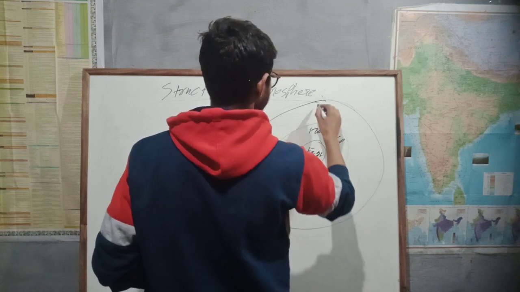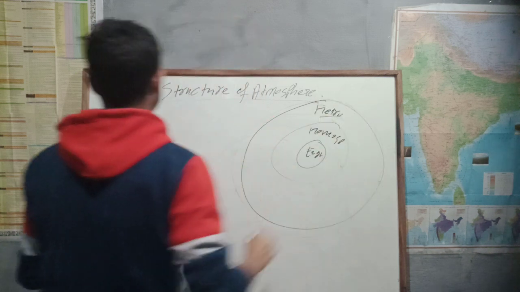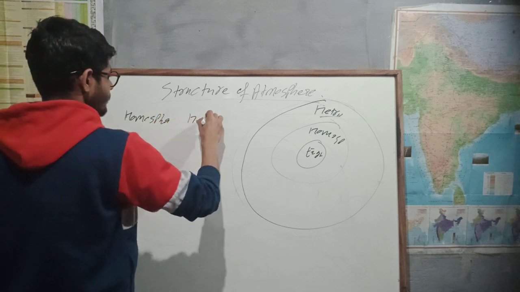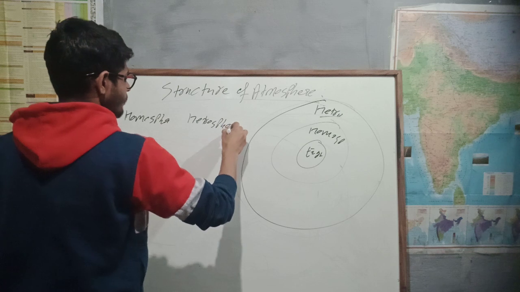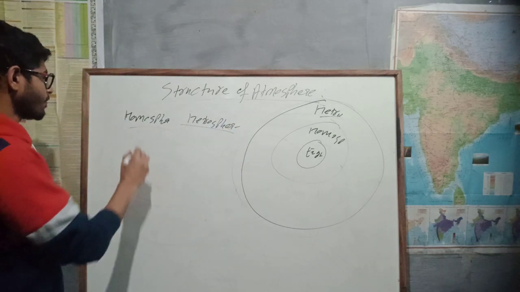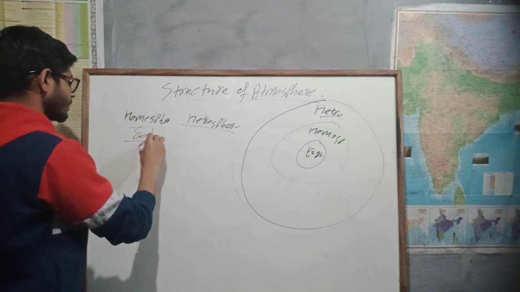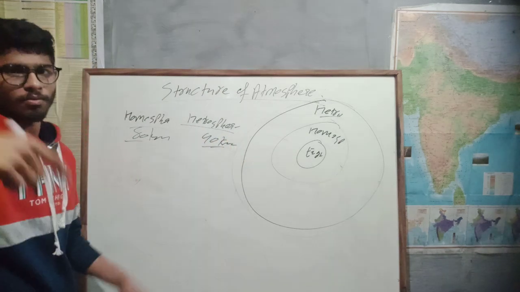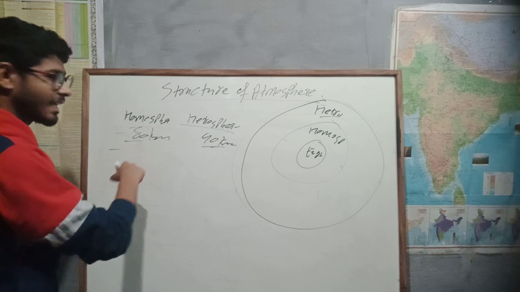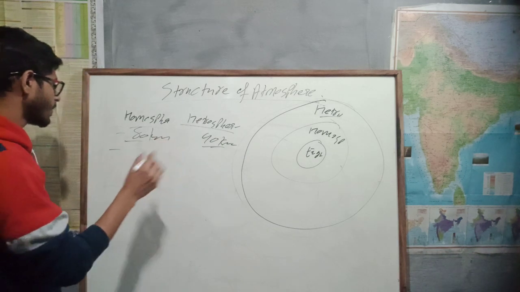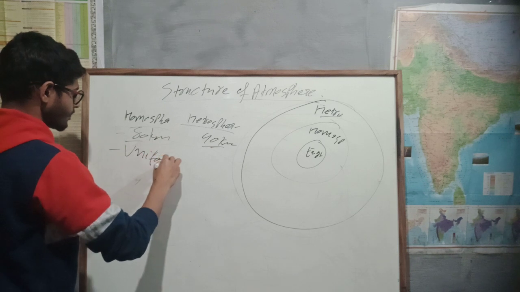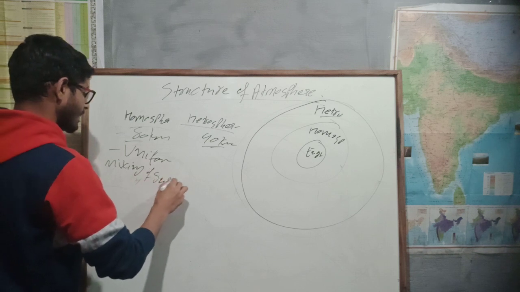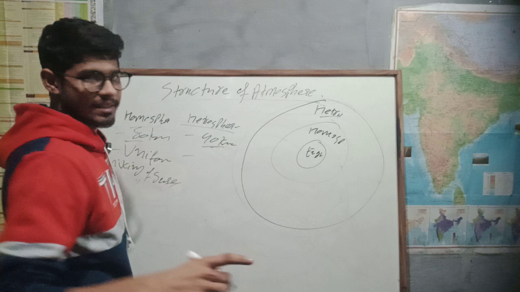This is homosphere and this is heterosphere. Homosphere is up to 80 kilometers; heterosphere is above 90 kilometers till the extent of the atmosphere. Here the gases are mixed uniformly, so uniform mixing of gases. Here gases are in layers.